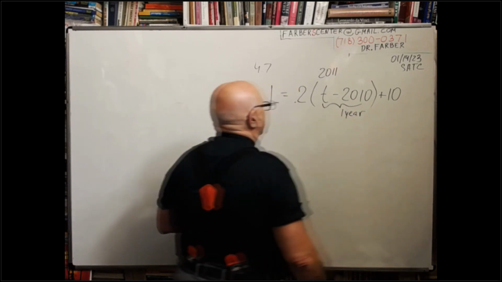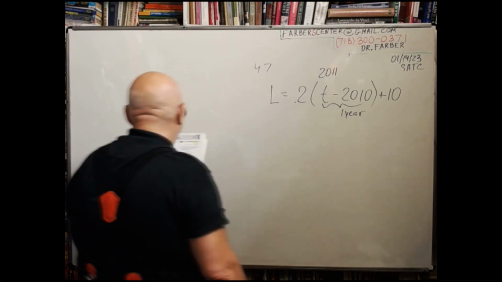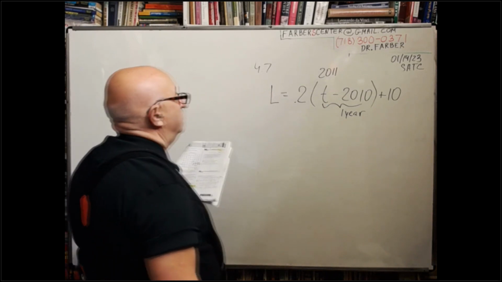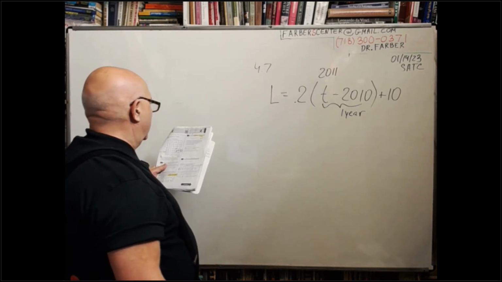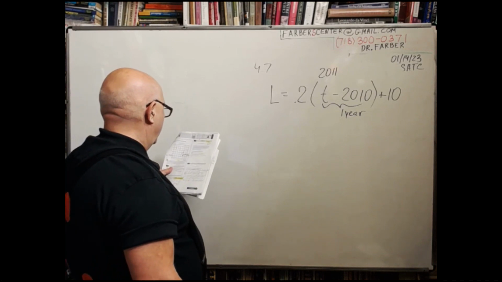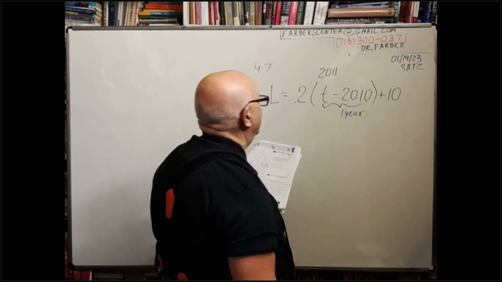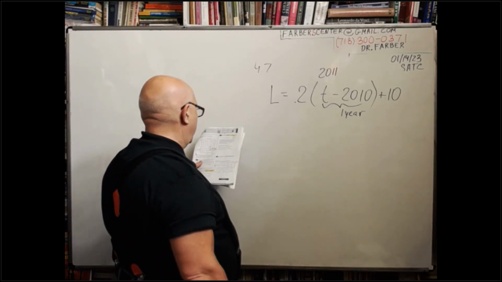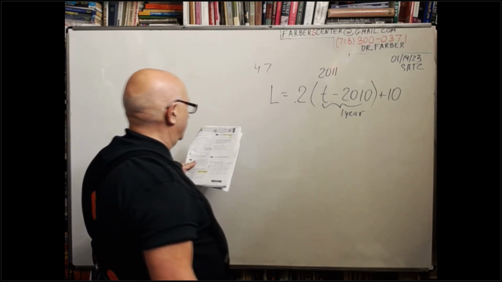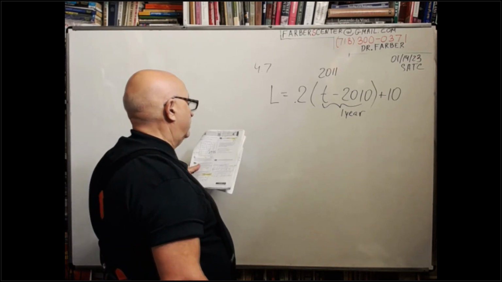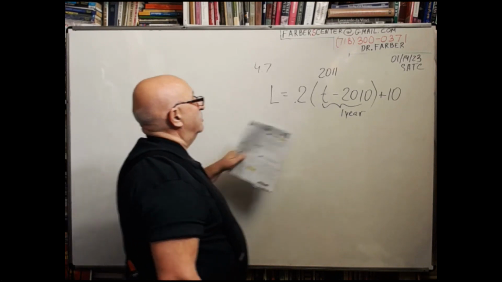Make sense? Okay. And now they ask you, what is 0.2? 0.2 times 1, it will be 0.2. It means the lifespan increased each year from 2010. That's it. Why? Because you multiply by each year.